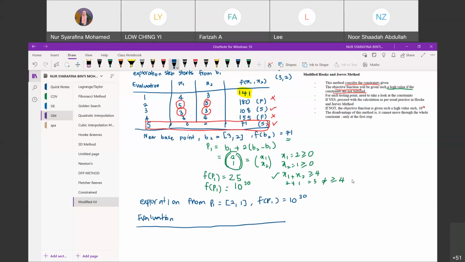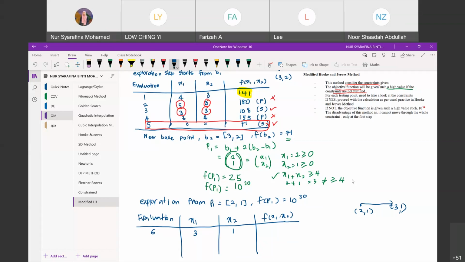So you have to move. Okay, start of 2, 1. So start to move to the right. So you should have 3, 1. So your next evaluation is at 3, 1. So check whether this 3, 1 fulfills the constraint or not and what is the objective function there.